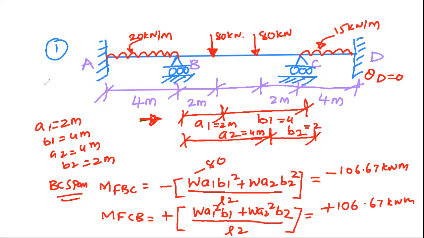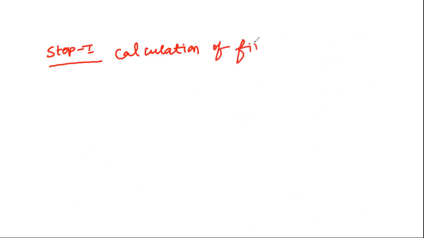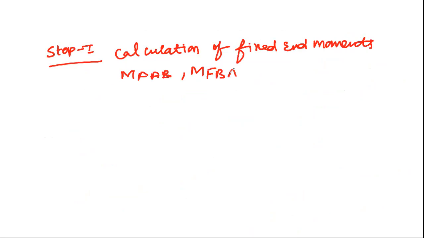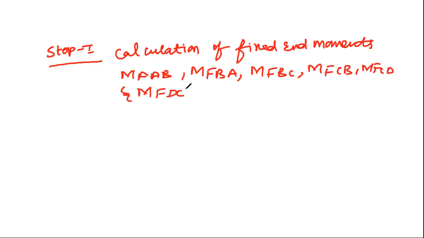Step 1 is the calculation of fixed end moments: MFAB, MFBA, whose values I have given you, please check them, MFBC, MFCB, MFCD and MFDC. These values we have calculated.